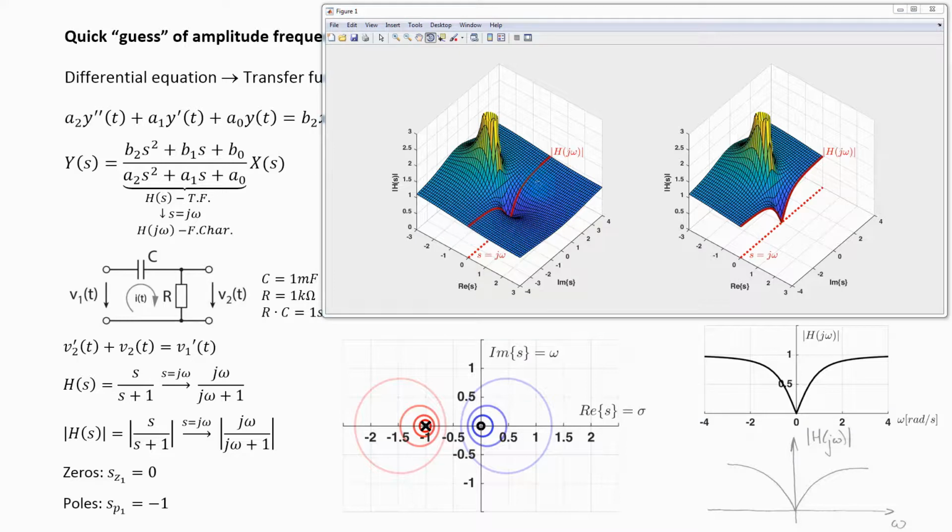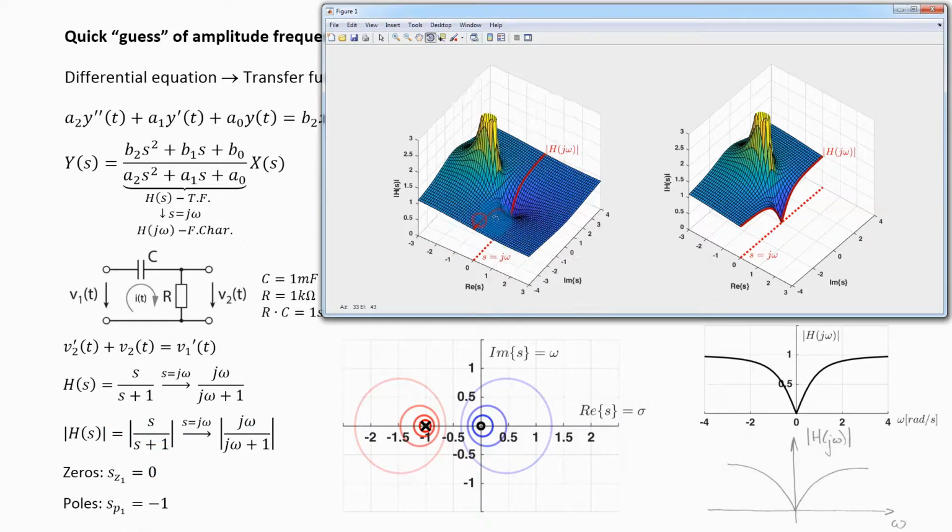Now, this plot of the magnitude of H(s) has two important features that are related to zeros and poles of the transfer function. Observe that this transfer function has a zero at the point where s is equal to 0. That means that when I substitute 0 for s, this transfer function is going to be 0. Also, when I substitute 0 for s, the magnitude of the transfer function is going to be 0.